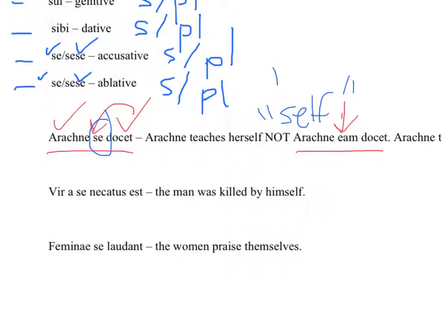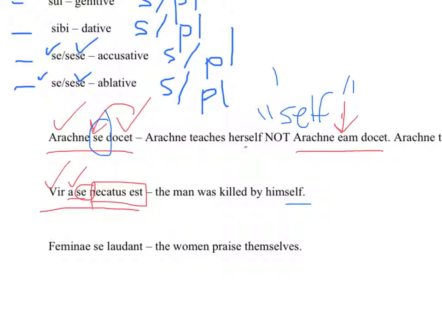Look at the next example. The man was killed by himself. The man was killed, interfectus est, by or a, in this case it's se. The man was killed by himself.